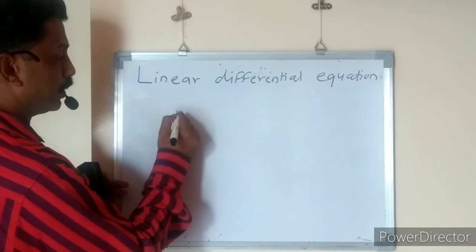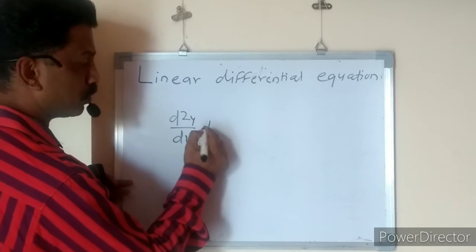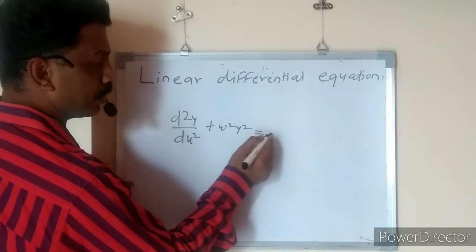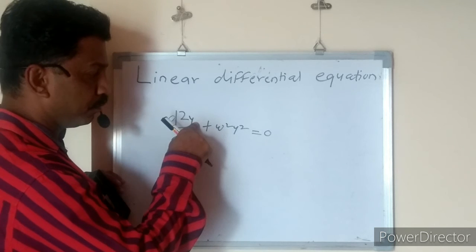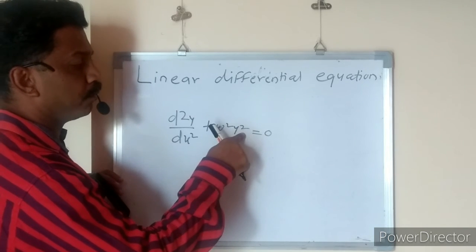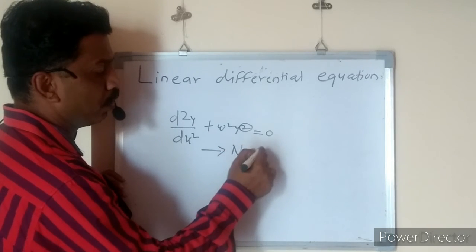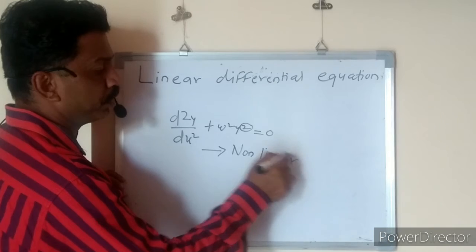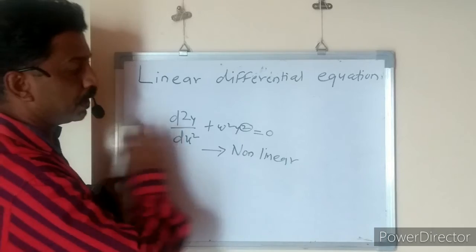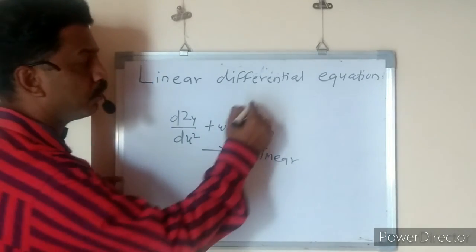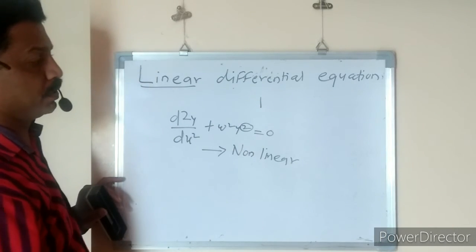Everyone can say that if such type of equation is a linear equation, then what is a non-linear equation? So if in the equation d2y by dx square plus omega square y square equal to 0, now here the power of y is 1, but here the power of y is 2, and therefore such type of equation is non-linear, because each and every dependent variable in that equation, if it contains only power 1, then such type of equation is known as a linear differential equation.